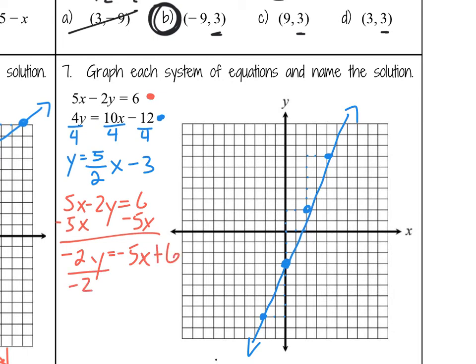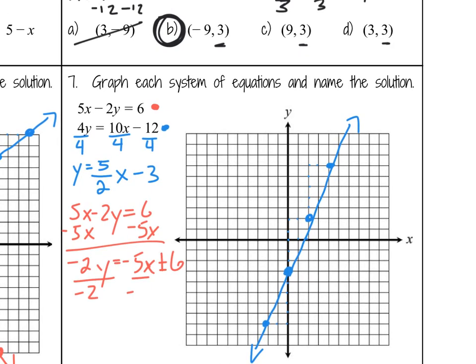Then dividing everything by negative 2 will get me y equals, now here we can see that we have a negative here and a negative here, so two negatives become a positive, and so this turns out to be just positive 5 over 2 x, and then of course we have the 6 divided by negative 2, which is a negative 3.